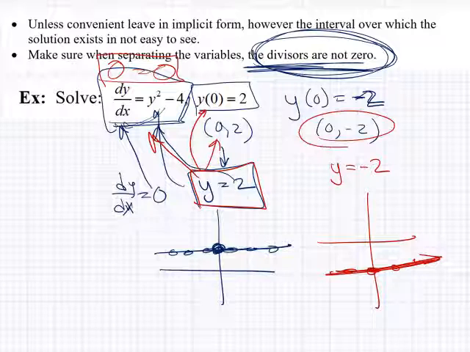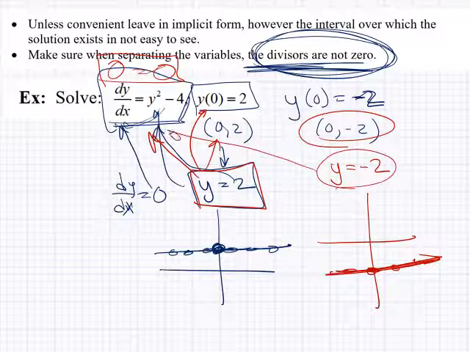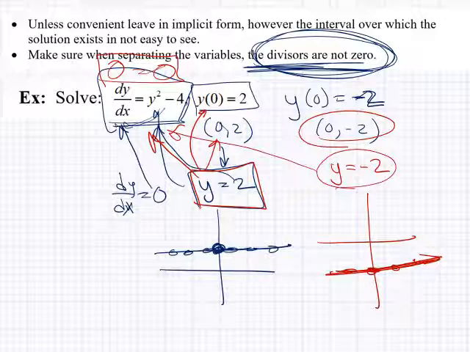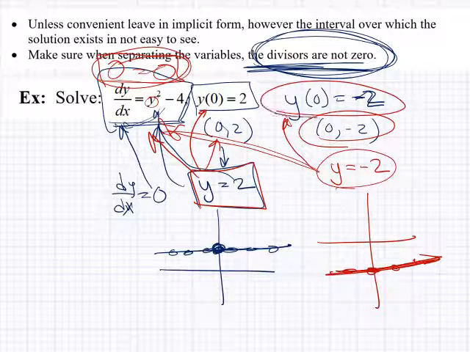So this point is definitely on this equation. And this equation also solves this differential equation, in that the derivative would still be 0, and I plug -2 in here for y, it would make 0 equals 0. So this should be the solution to the differential equation that satisfies this condition.